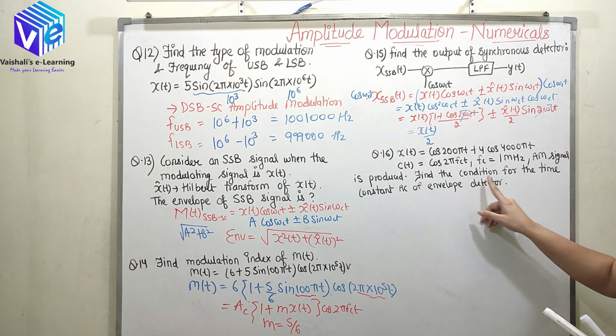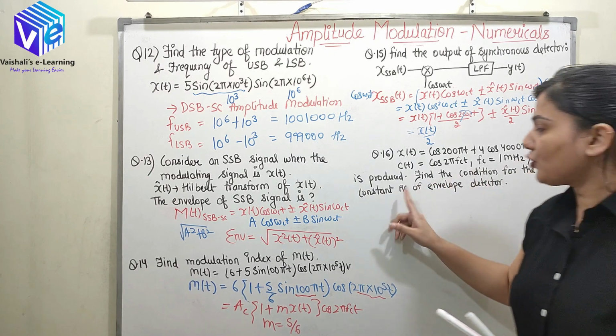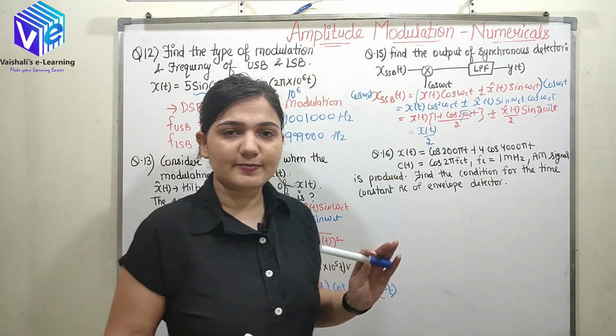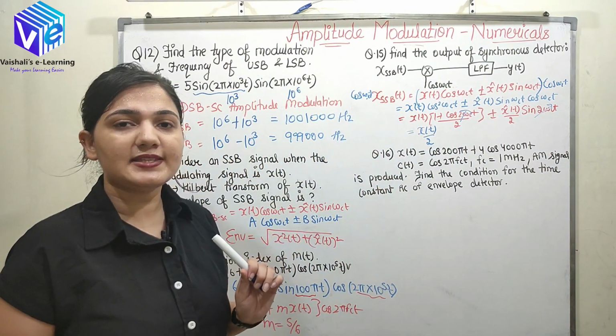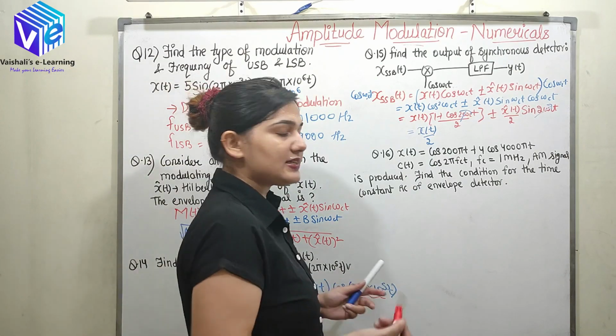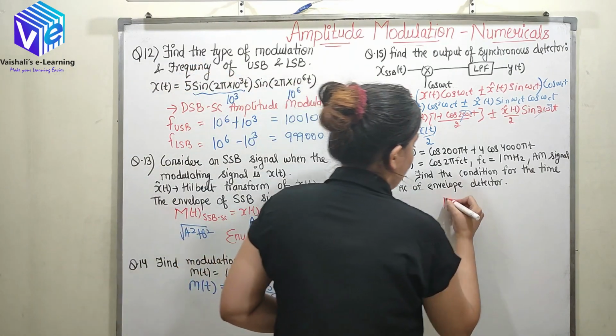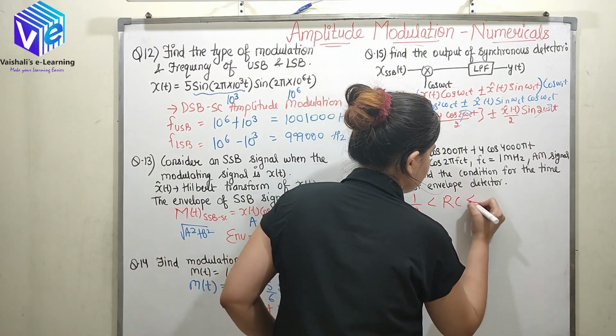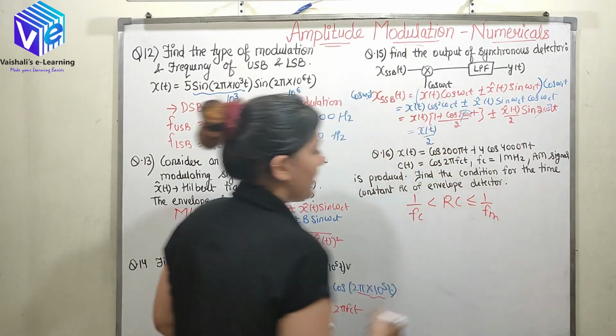We need to find the condition for the time constant RC for the envelope detector. I know what my x(t) is, I know what my c(t) is. When I discussed the envelope detector, I made the condition that 1 upon fc is less than RC is less than or equal to 1 upon fm.